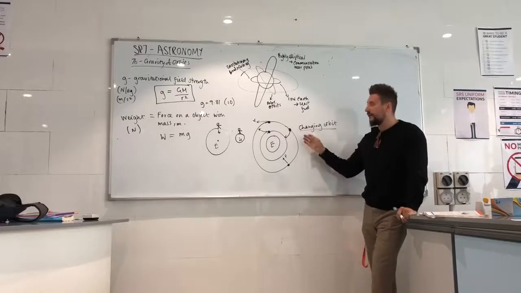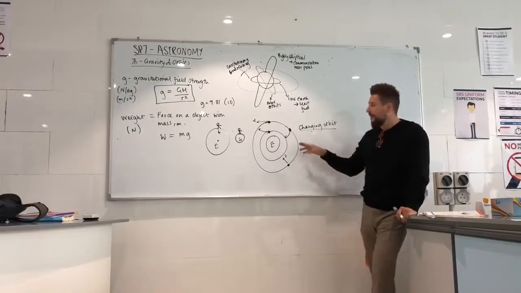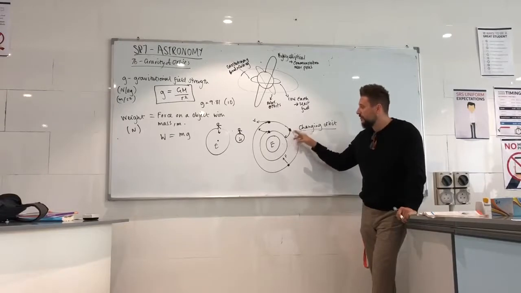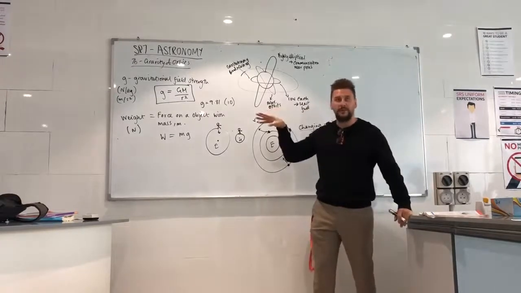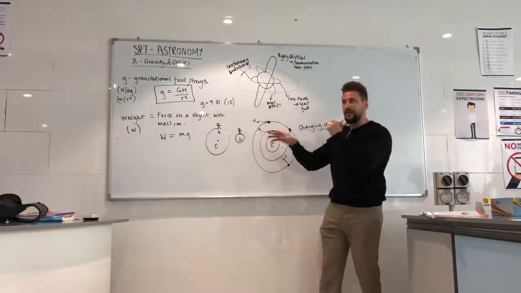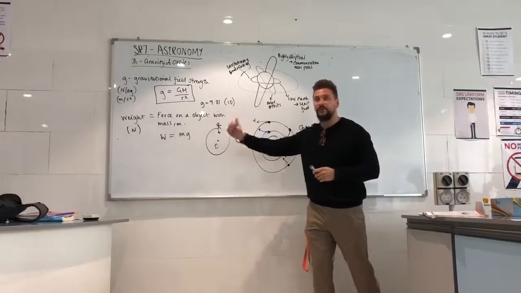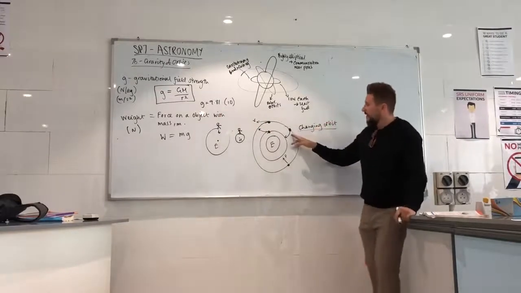Because if you slow it down, gravity will take over, it will start pulling it in towards the Earth. The way you slow a satellite down is by firing jets out the front. Because if you fire jets out in front of you, it will slow you down that way. So you apply a force that way on the particles, they apply a force that way according to Newton's third law. This will bring you down.